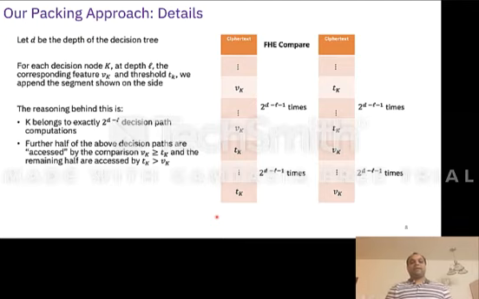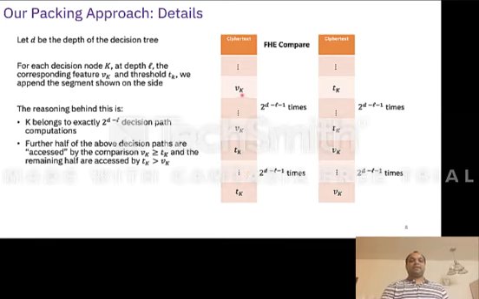So suppose you're given a depth D decision tree, then for each layer, suppose a layer is at depth L, and for each node k at depth L, we pack the following quantity, this segment here, into the ciphertext.